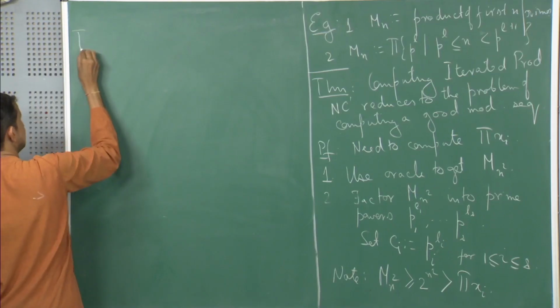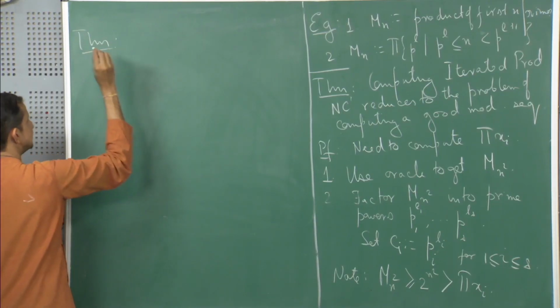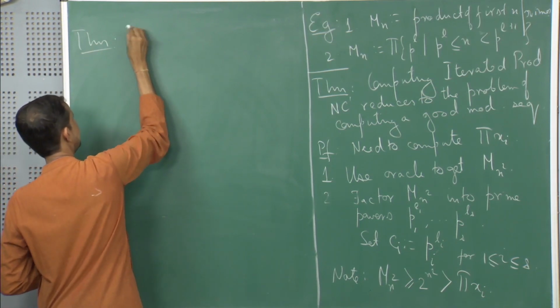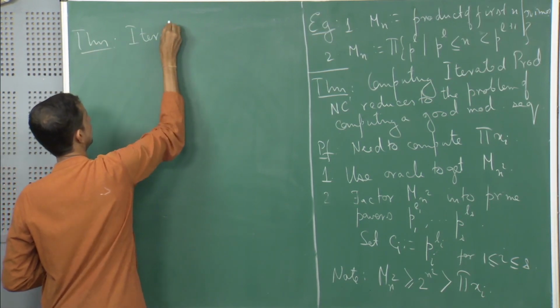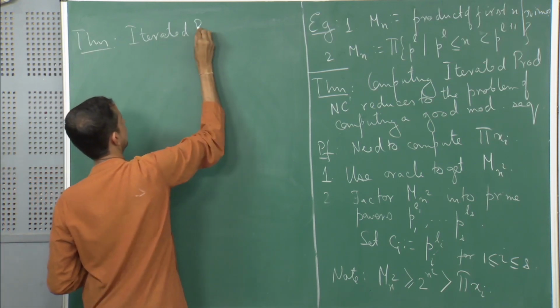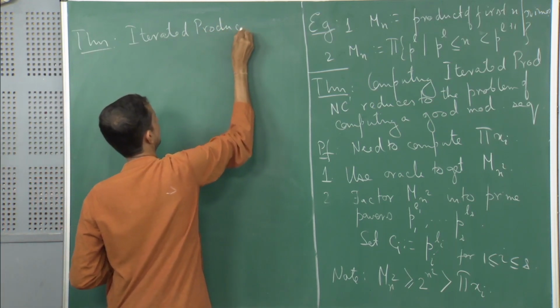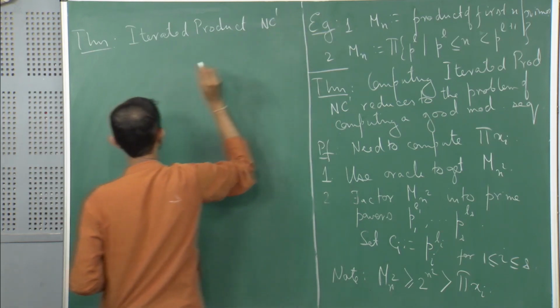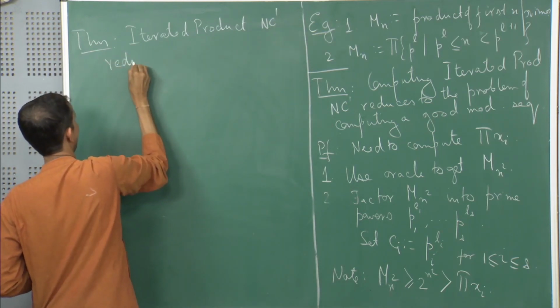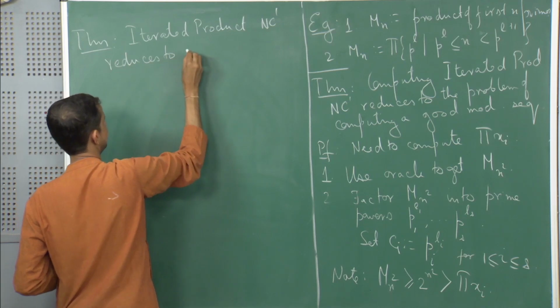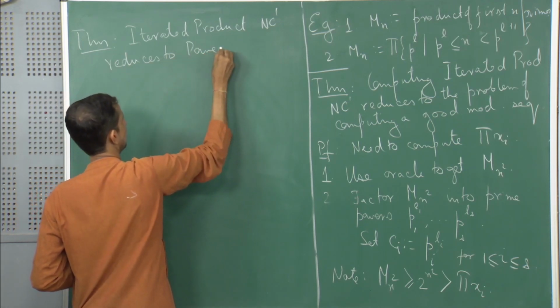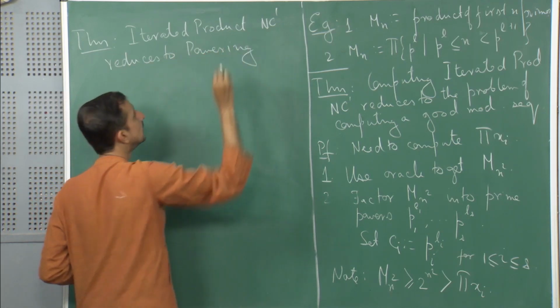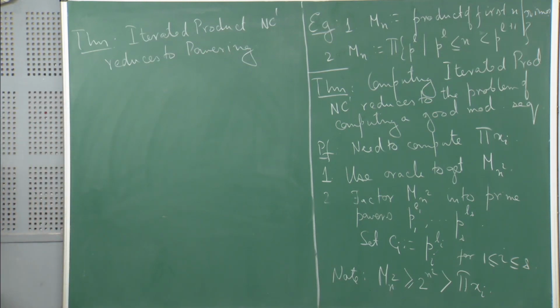So the next result that we will see is that iterated product, NC1 reduces to powering.